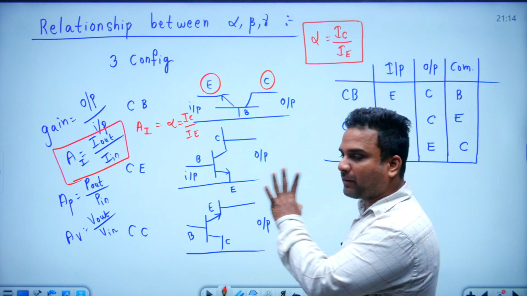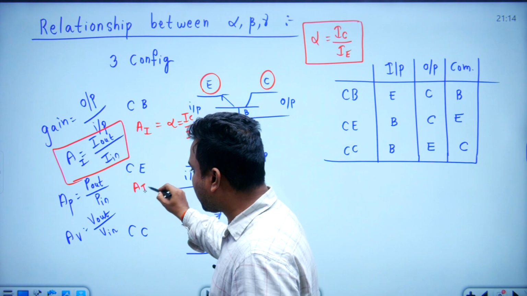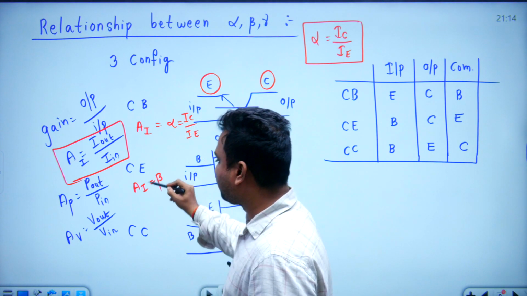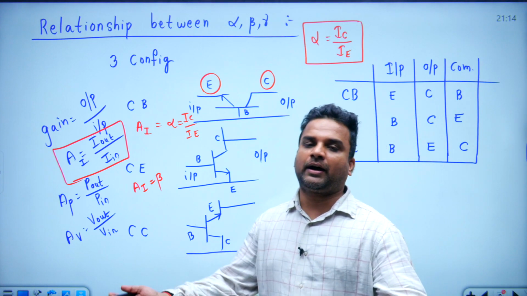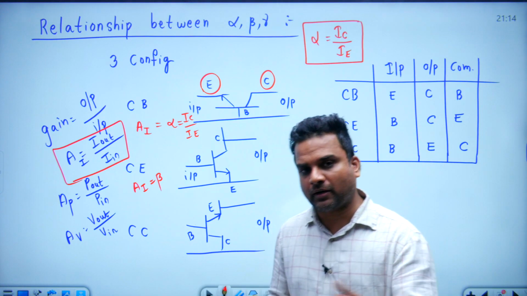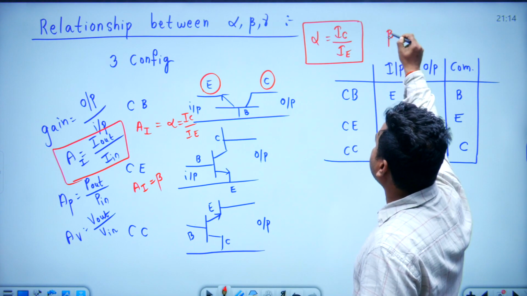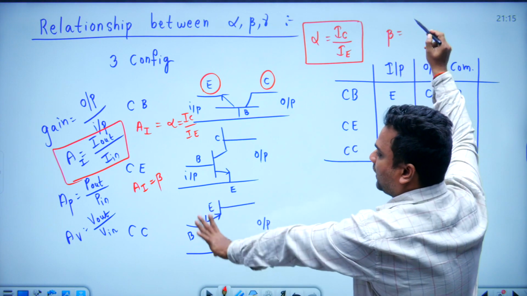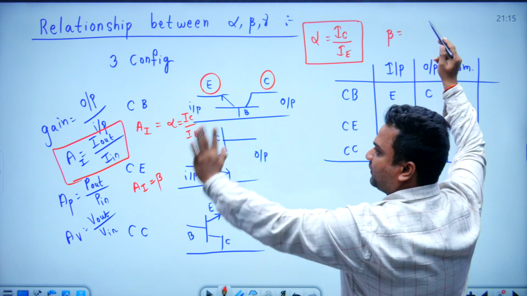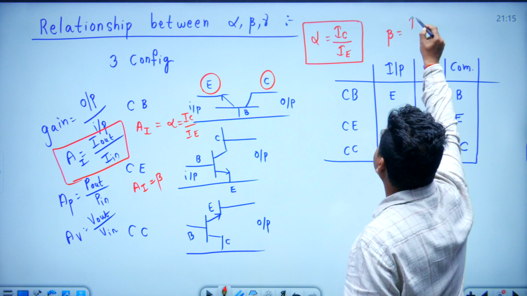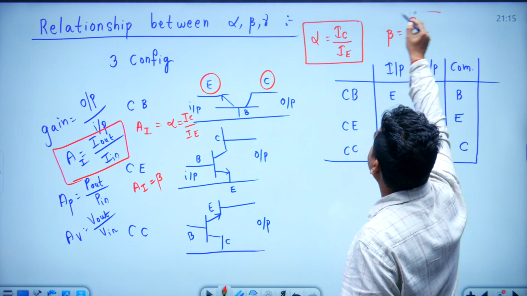Similarly, what is the common emitter configuration current gain? It is denoted by the letter beta. Now you see the configuration and tell me what is the output current? IC. What is the input current? IB. So here beta, according to the formula I out by I in, is the current gain of common emitter configuration, that is IC by IB. This one, guys.